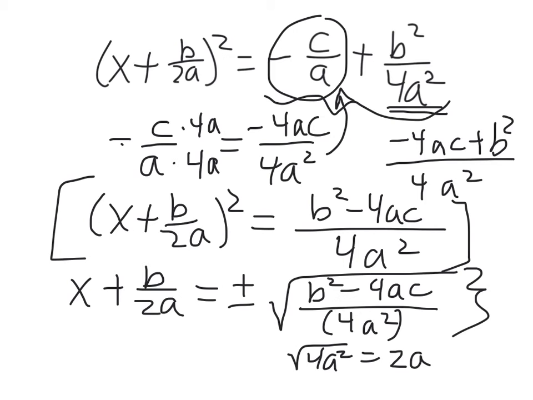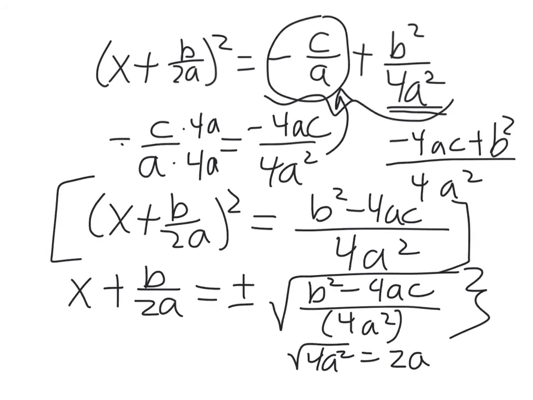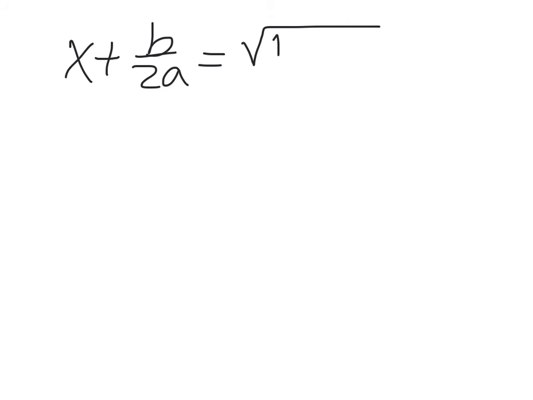So as we rewrite this, unfortunately there's not enough screen to do much of these. We have x plus b over 2a equals, in the numerator we'll have our square root of b squared minus 4ac, and our denominator simplified to 2a.